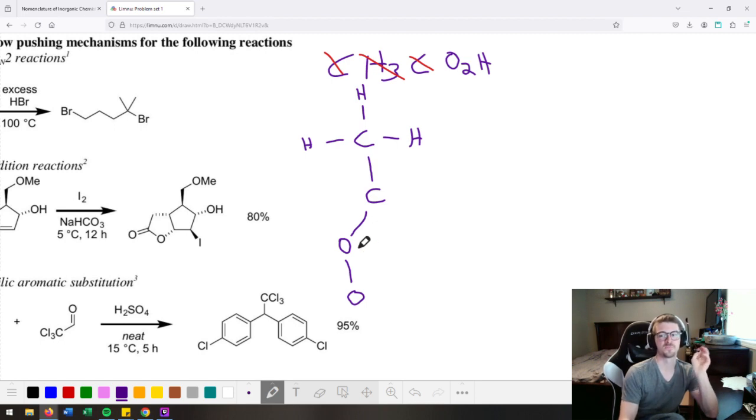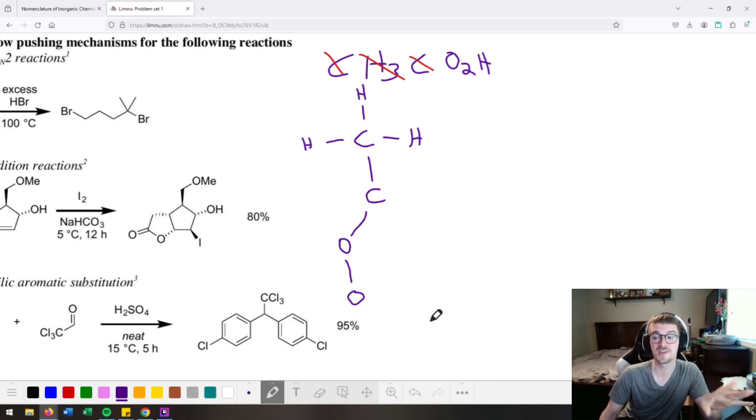But this presents a couple of problems. One problem is that this has created a peroxide. It is just a compound that has an oxygen-oxygen bond in it, specifically an oxygen-oxygen single bond. Because if it had a double bond, it would be like elemental oxygen, which is another thing entirely.